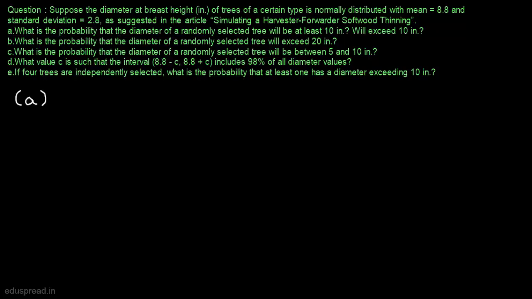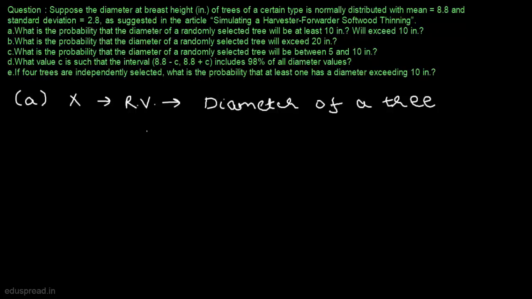So first of all, let's say that X is a random variable that denotes the diameter of a tree. We have to find the probability that X is at least 10 inches. So that means we have to find the probability that X is greater than or equal to 10.